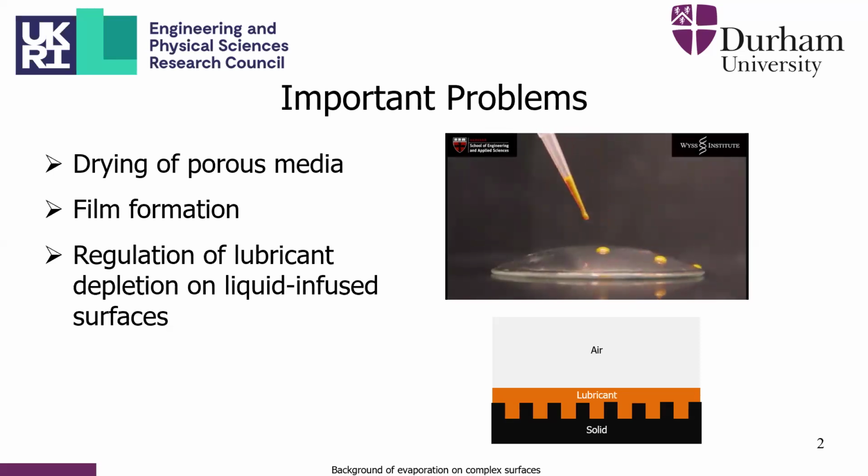I think Liam showed these sort of surfaces in his talk where it's very easy for droplets to slide off of them. But the application we're interested in is carbon capture. People are designing these surfaces where you have a reactive liquid infused on a surface, and this will react with the carbon dioxide to capture it, but it's very volatile, so it will evaporate very easily. So we're trying to find ways to minimize the evaporation rate, basically.